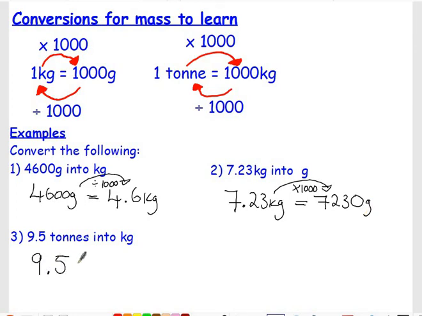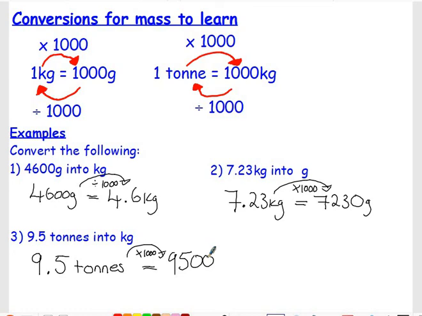Final one then, 9.5 tons into kilograms. So 9.5 tons equals, so to get it to kilograms, we need to times by 1,000. So if we times it by 1,000, the 9 is going to go from our units to our tens, to our hundreds, to our thousands, and the 5 is going to follow.